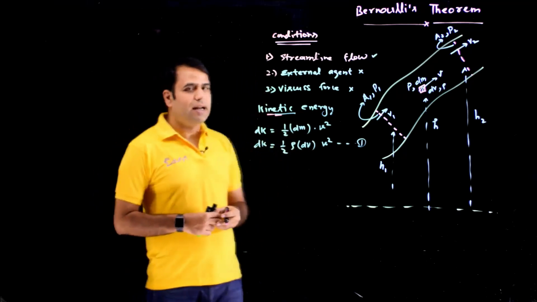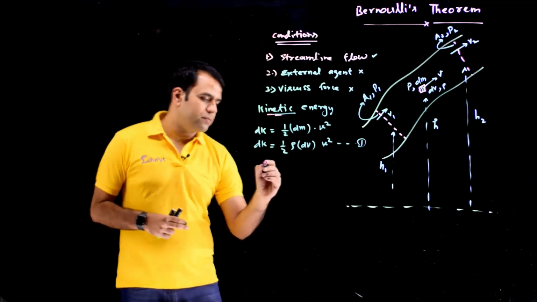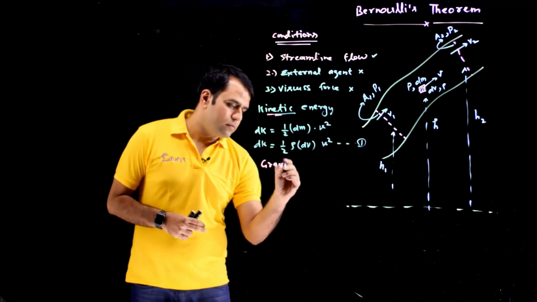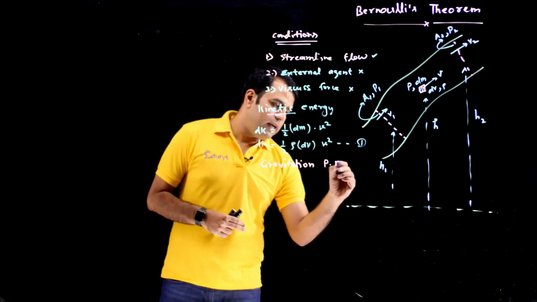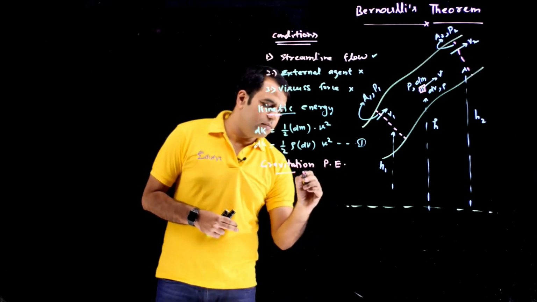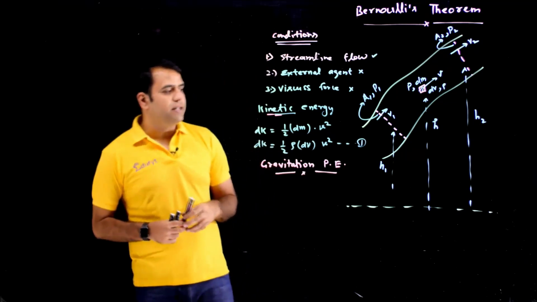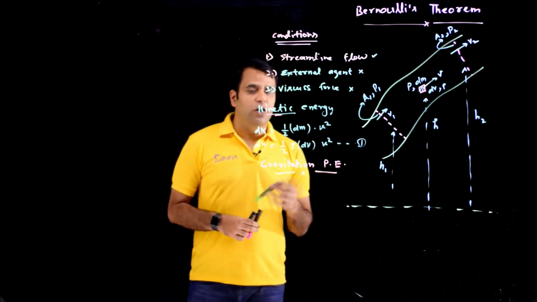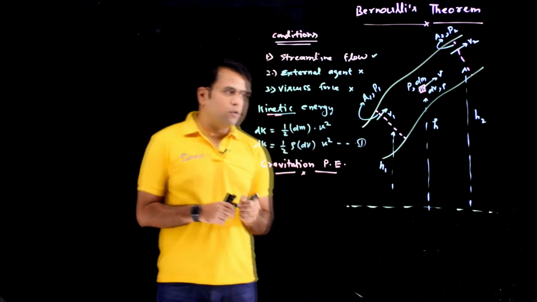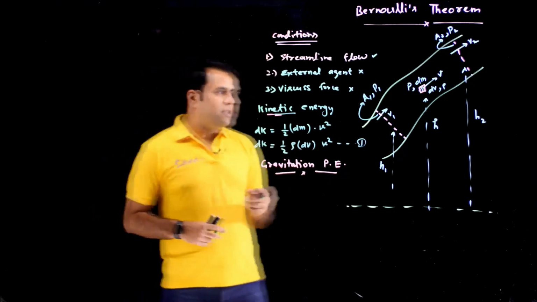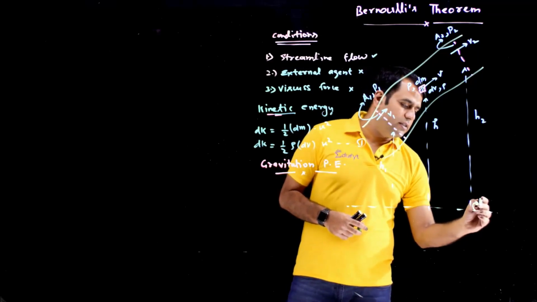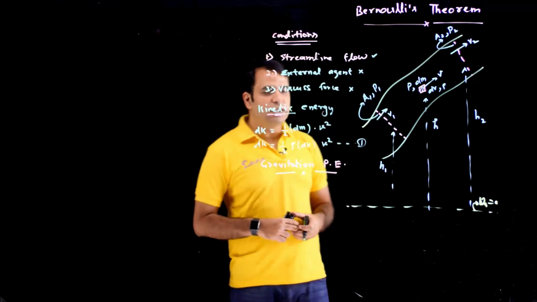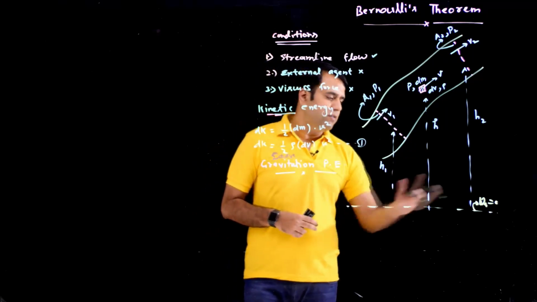Let's now calculate the gravitational potential energy, which I am calling PE, for our test volume having mass dm. This is the level at which I have assumed the gravitational potential energy Ug is 0. We can take it at any level, and we have taken it here.